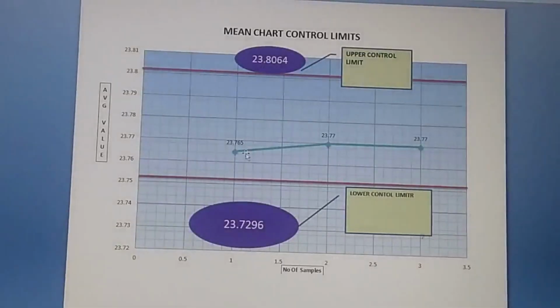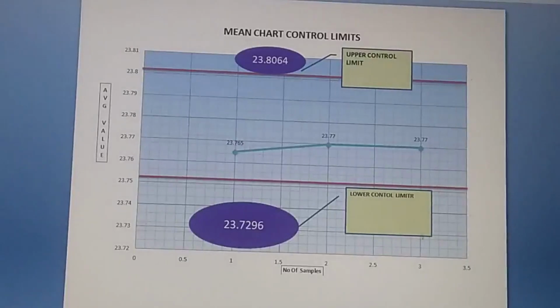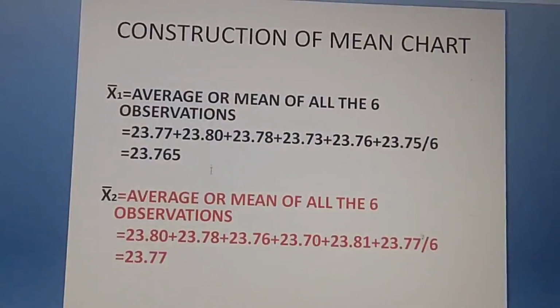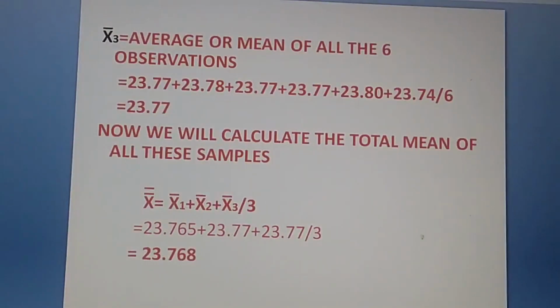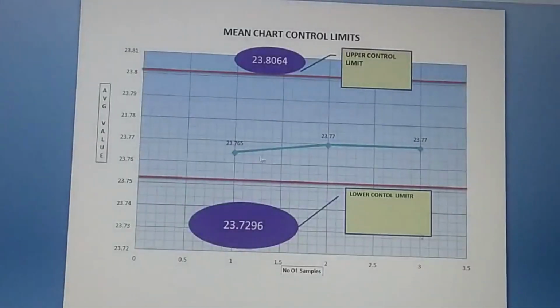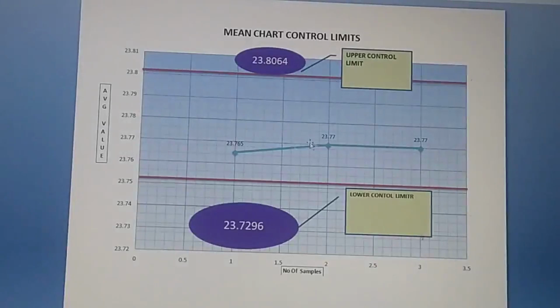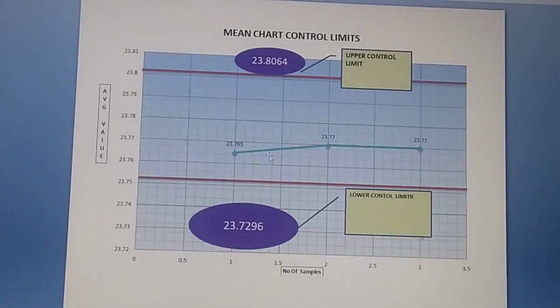We have seen that all these average values, x1 bar 23.765, x2 bar 23.77, x3 bar 23.77, are lying between these two control limits. That is representing that all these observations are under control.